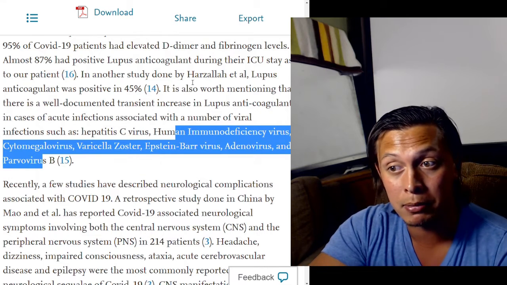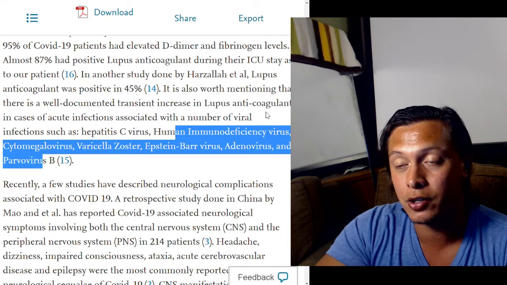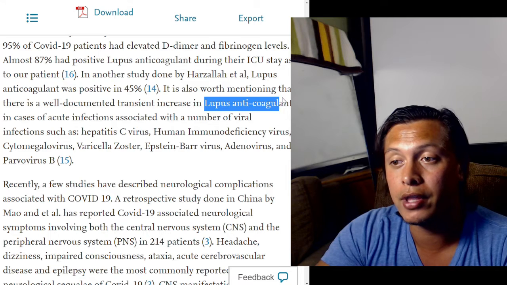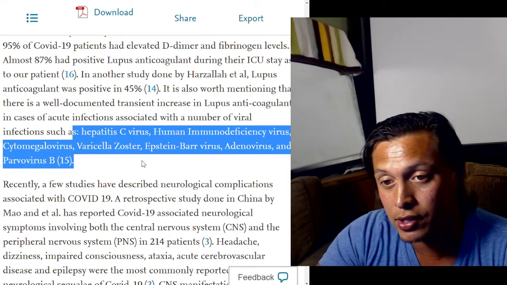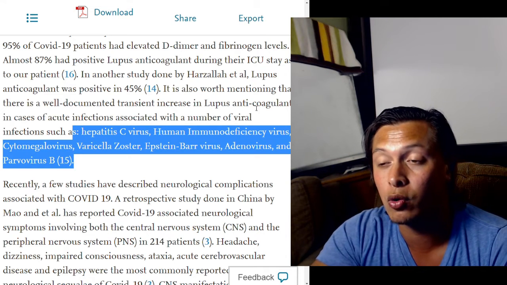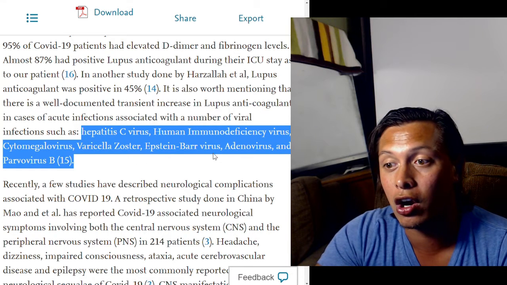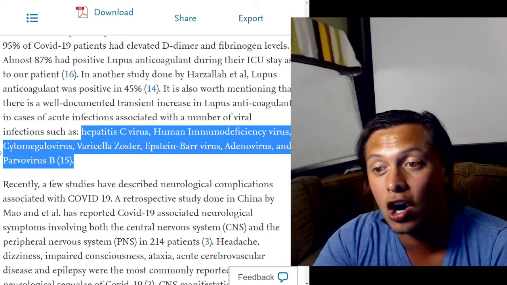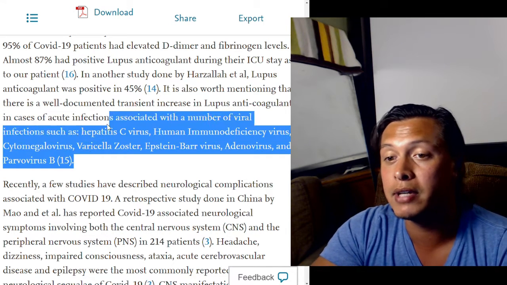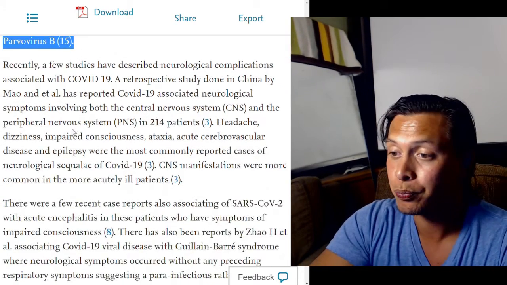So these people probably reasoned that this high lupus anticoagulant factor was positive in their patient, and we know that these other viruses can increase lupus anticoagulant factor. And so they thought maybe the antivirals that are good at attacking all of these viruses might also be good at attacking SARS-CoV-2. So I'm guessing that was their rationale for prescribing that particular pharmaceutical.